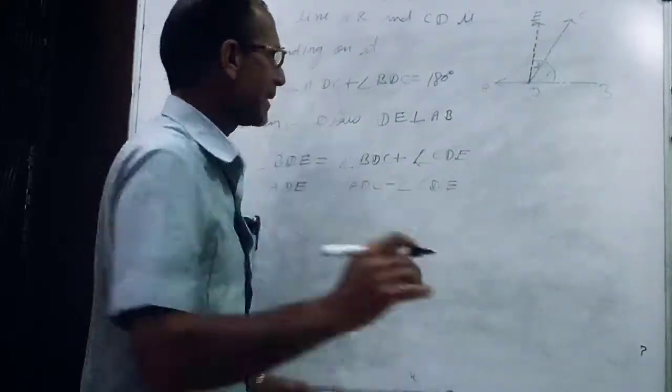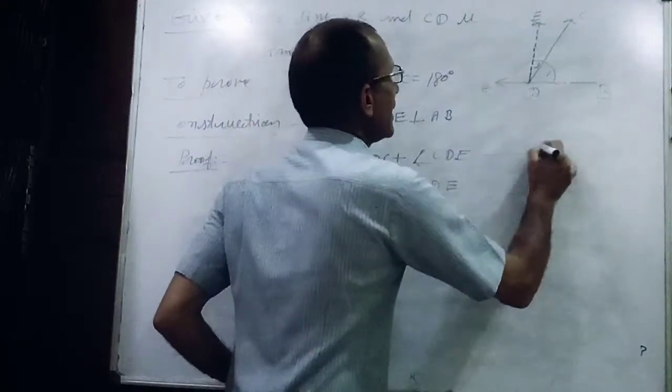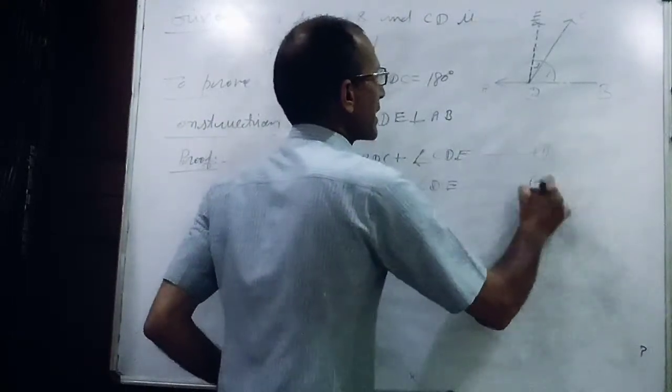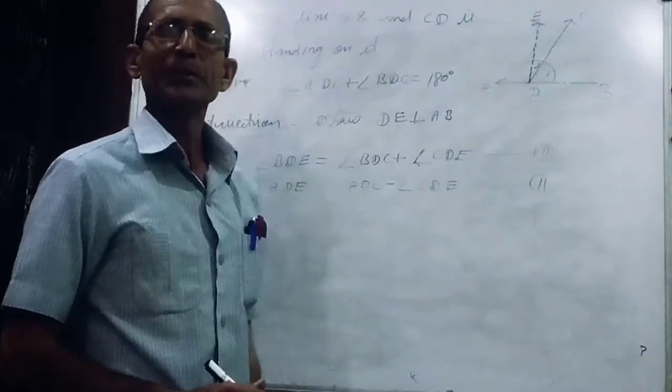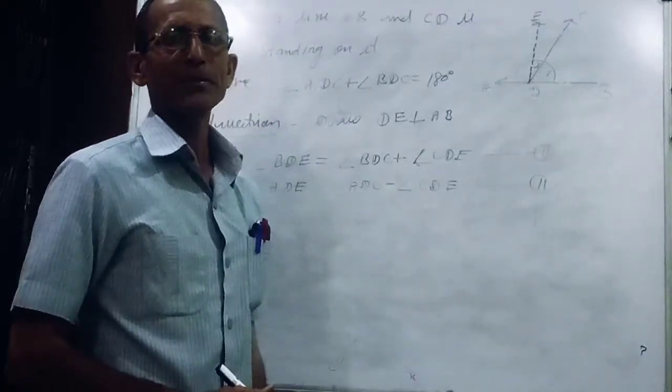So angle ADE can be written like this. You can say this is equation 1 and this is equation 2. Any doubt, any confusion?